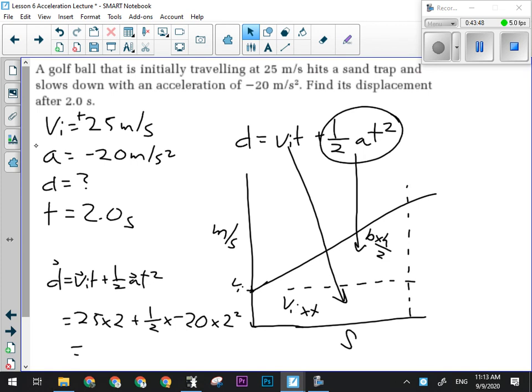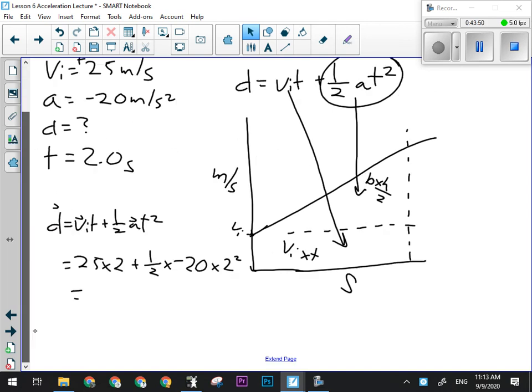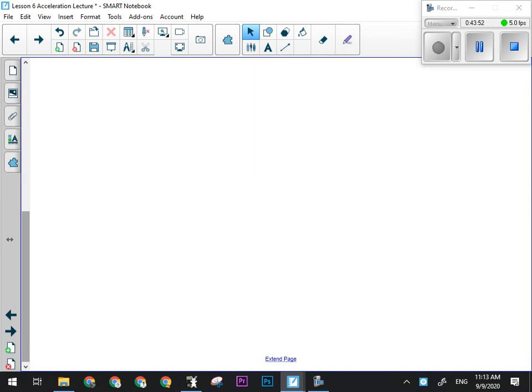Let's look at manipulations of this formula. Let's say I wanted to solve for VI. That's probably the easiest. What should I move first?